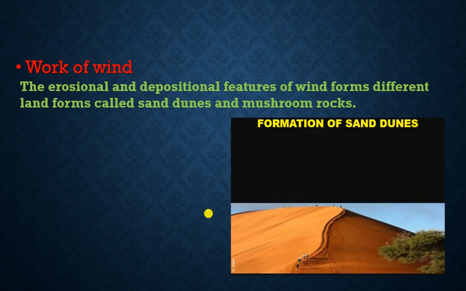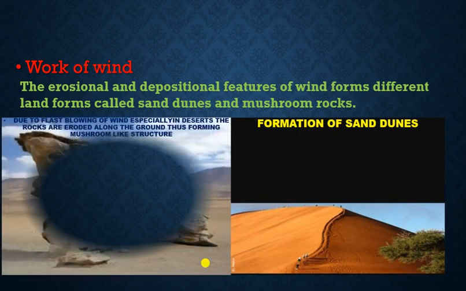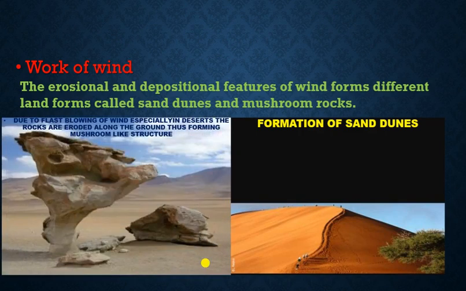The erosional and depositional features of wind form different landforms, especially in deserts. One such landform, the depositional landform, is in the form of sand dunes, and the erosional landform is in the form of mushroom rocks. You see this rock.